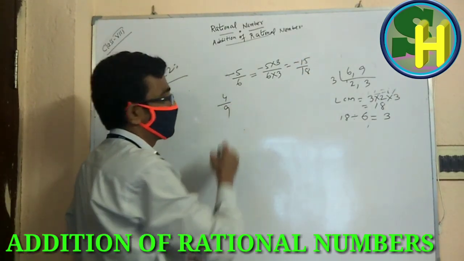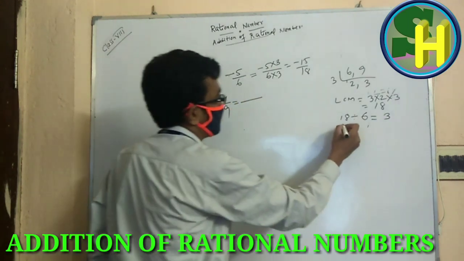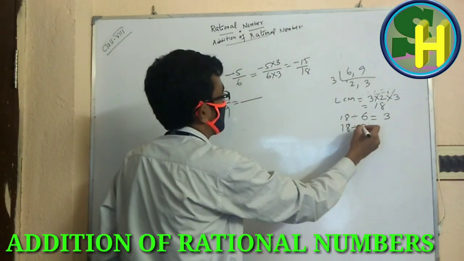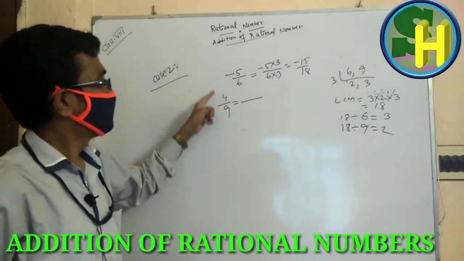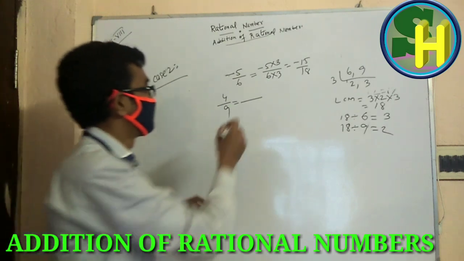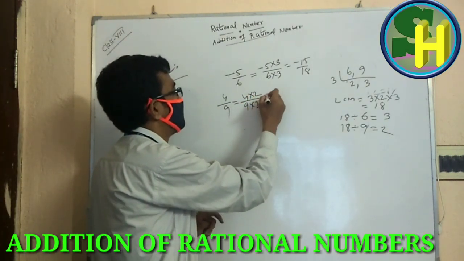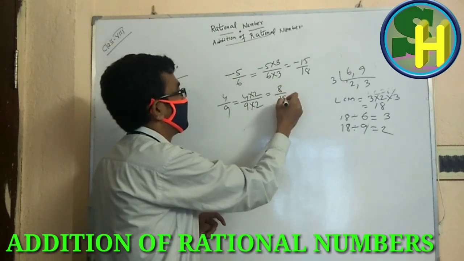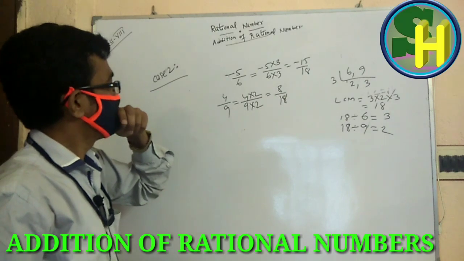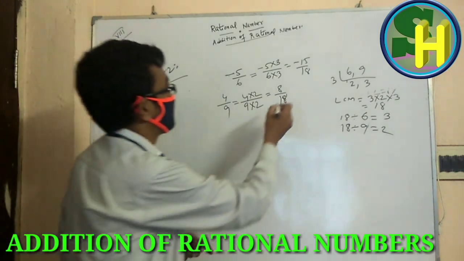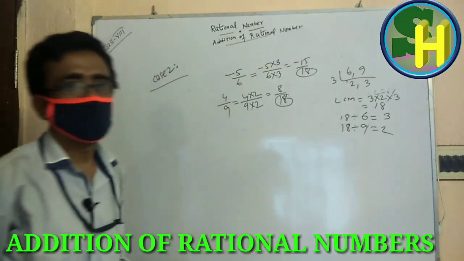Next, 4 by 9 as the rational number: you divide the LCM by the denominator, that is 2, so you multiply both numerator and denominator by 2. So 4 into 2, 9 into 2, that is 8 by 18. So it is converted to the same denominator.